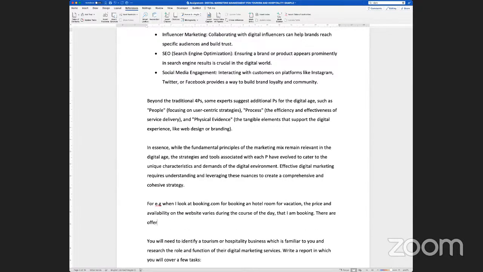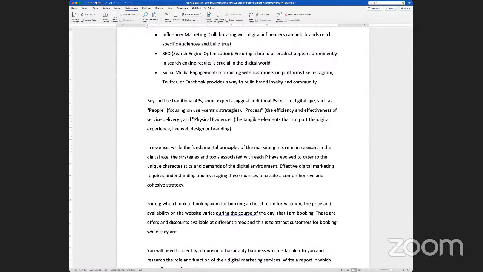There are offers and discounts available at different times, and this is to attract customers for booking while they are on the website.